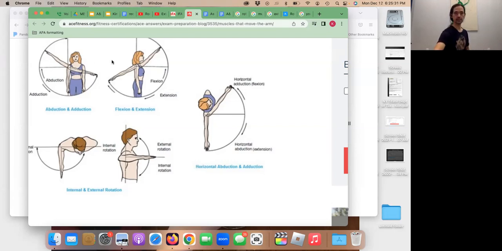I think it's important to be specific sometimes, especially when you're charting or making notes or trying to remember things, about where the humerus is, since this is a multi-planar ball and socket joint that moves through many planes. It's important to be as specific as you can so that when you look at your notes, you discern where the arm is starting from, right?